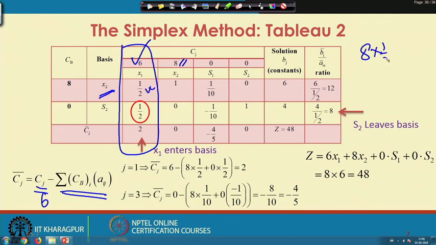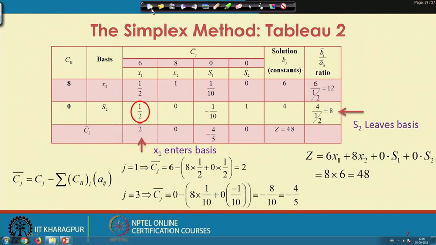So, 8 into half plus you have the other basis S2 whose cost coefficient is 0 and Aij is half. So, 0 into half, which is basically 4. So, basically 6 minus 4 is equal to 2. So, 2.